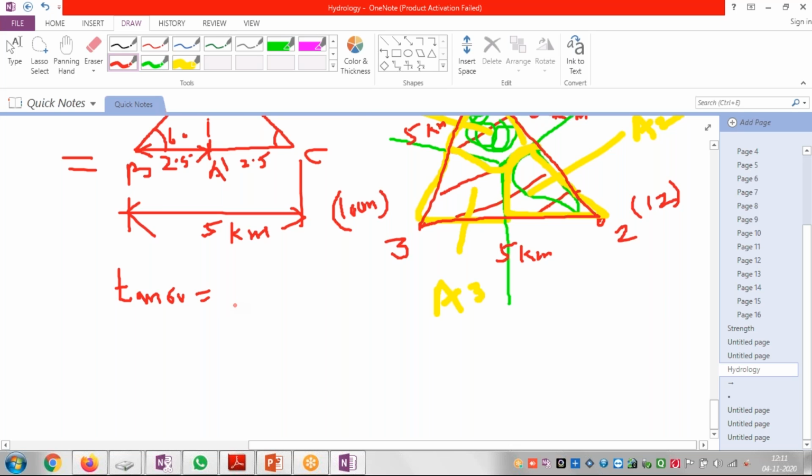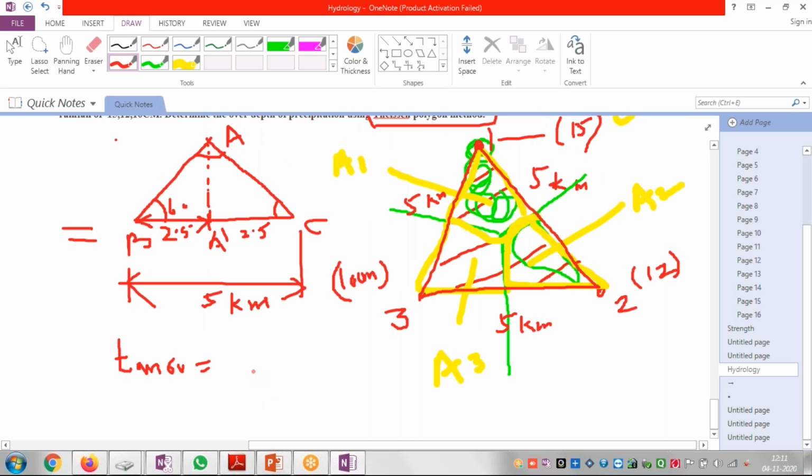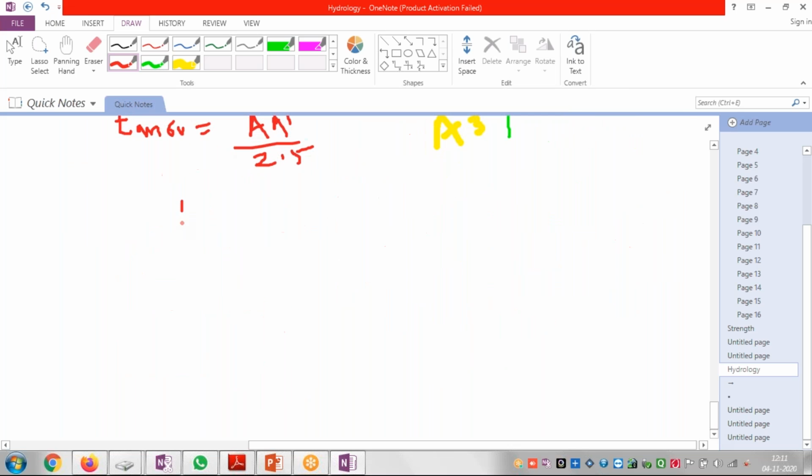opposite, that is height. Opposite means this AA dash, right? AA dash is divided by this one, that is 2.5. So if I calculate, what will I get for AA dash? AA dash will be equal to tan 60 into 2.5.